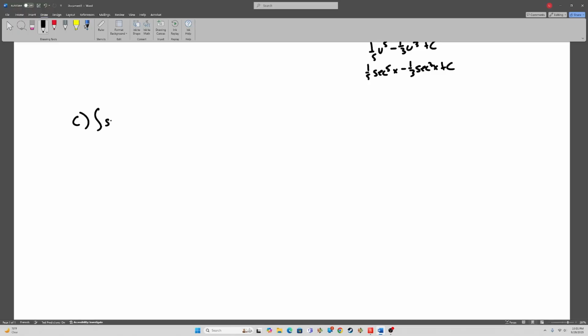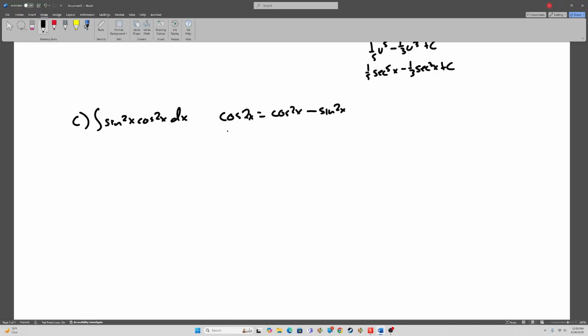Integral of sine, is that squared? I think it's sine squared x, cosine squared x dx. Well, they're using the double angle formula for cosine. Cosine of 2x is equal to, one of them is cosine squared x minus sine squared x.